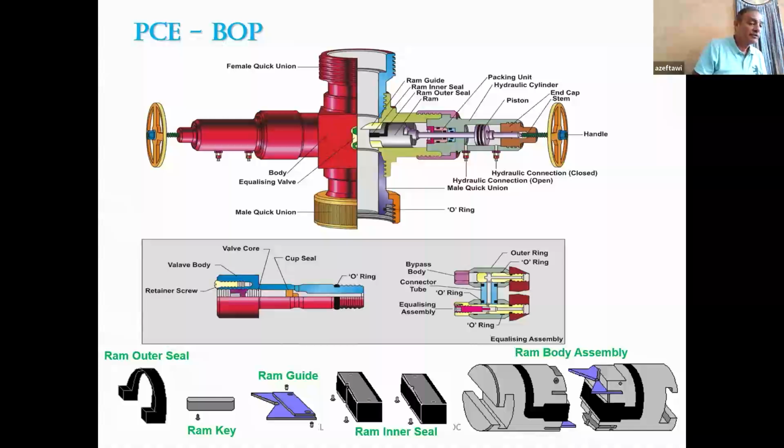But if we are using braided line or E-line, this system will not work. Even if we came to this blind, in the middle, we make a profile to seal around a certain size, a bigger diameter, like this one we have. We make this profile.